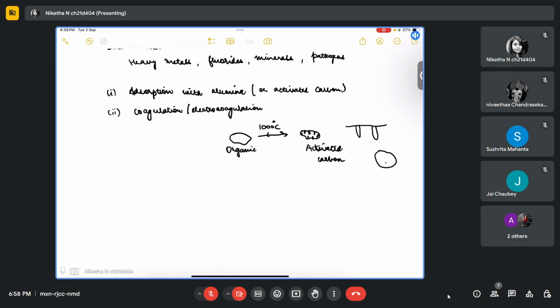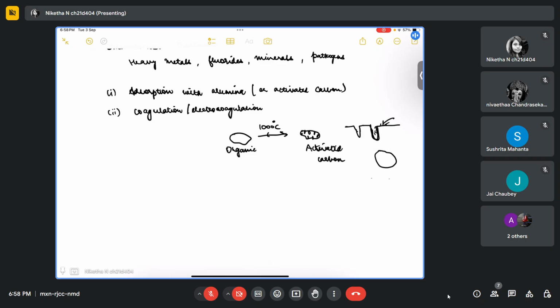But when you have something which is porous, the surface area will be whatever you have on the surface plus the pore area. That will also come into consideration. So the particles can settle either on the surface or inside the pores.